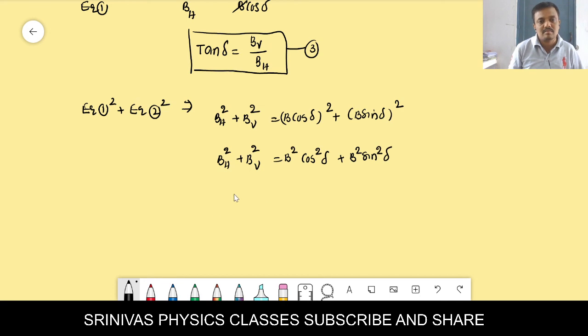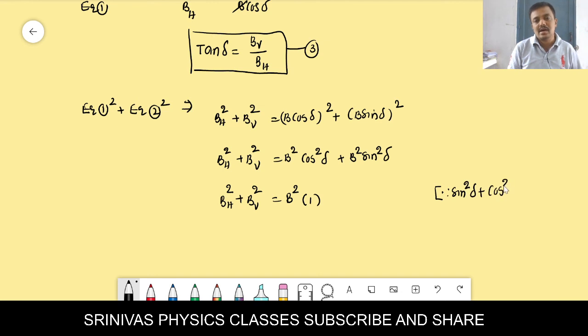Now we can take B square common on the right side. Then BH square plus BV square is equal to B square into cos square delta plus sin square delta, that is 1, because sin square delta plus cos square delta is 1. Then you will get the final formula: B, the net earth magnetic field, is equal to under root BH square plus BV square.